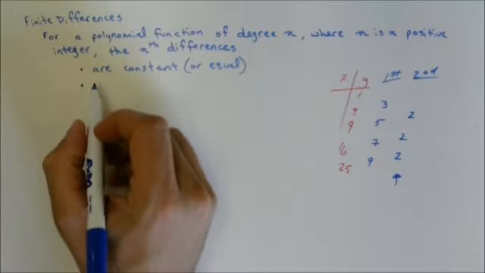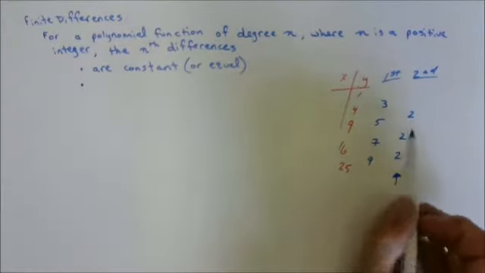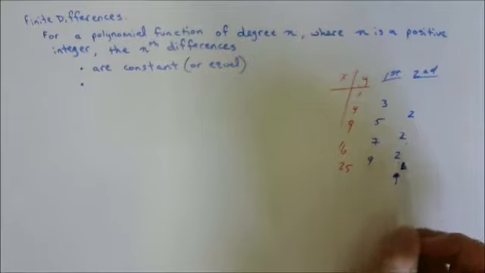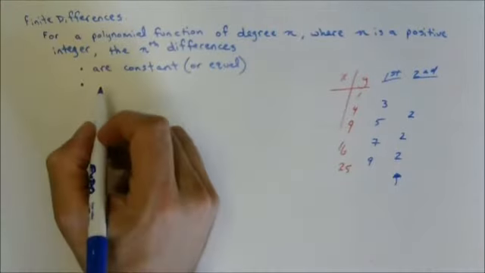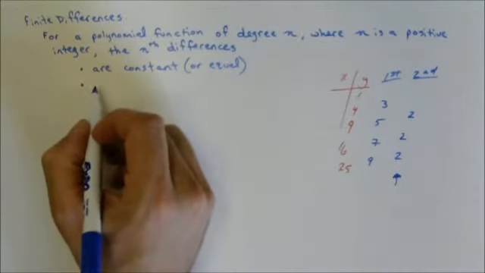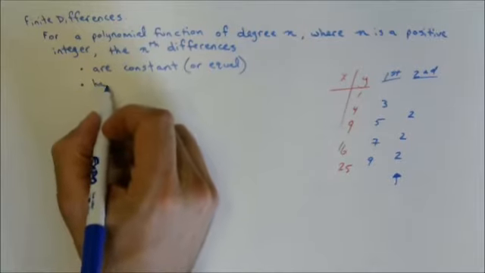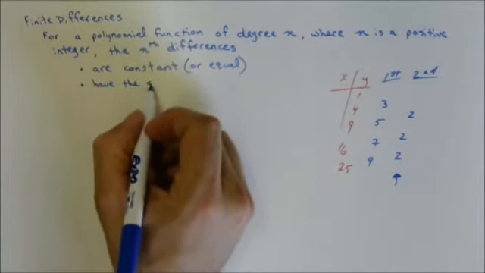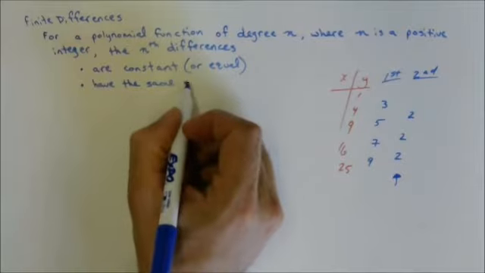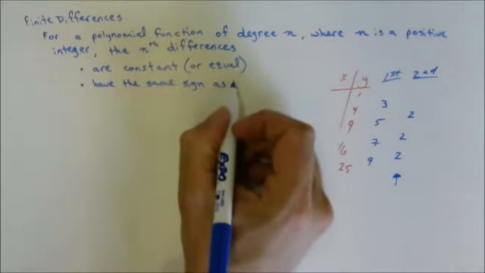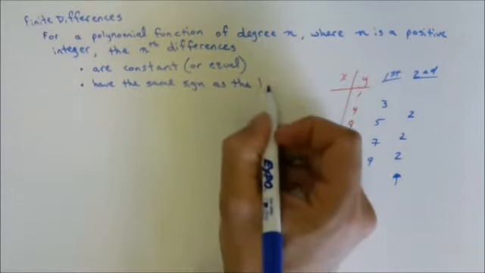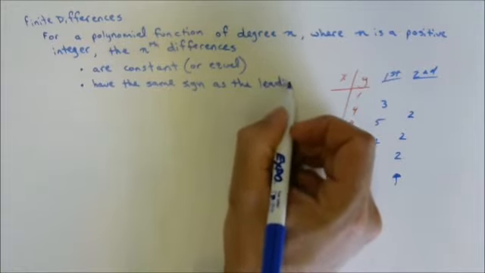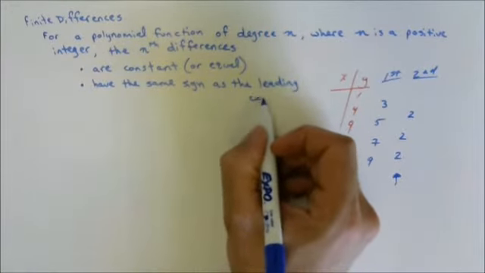Here's another thing that's interesting. The differences, so in this case 2, 2, 2, have the same sign as the leading coefficient.